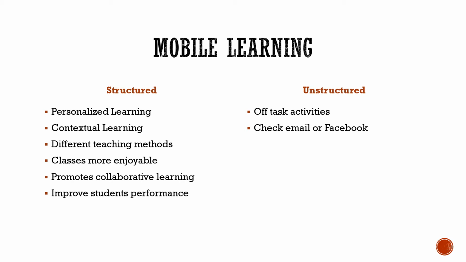The main reason I put this slide in there is to show the pros and cons of a structured learning environment using mobile devices compared to an unstructured one. There are a lot more pros than cons, as the article states, and it really leans towards getting the student engaged in their education and improving their performance in academia as a whole.